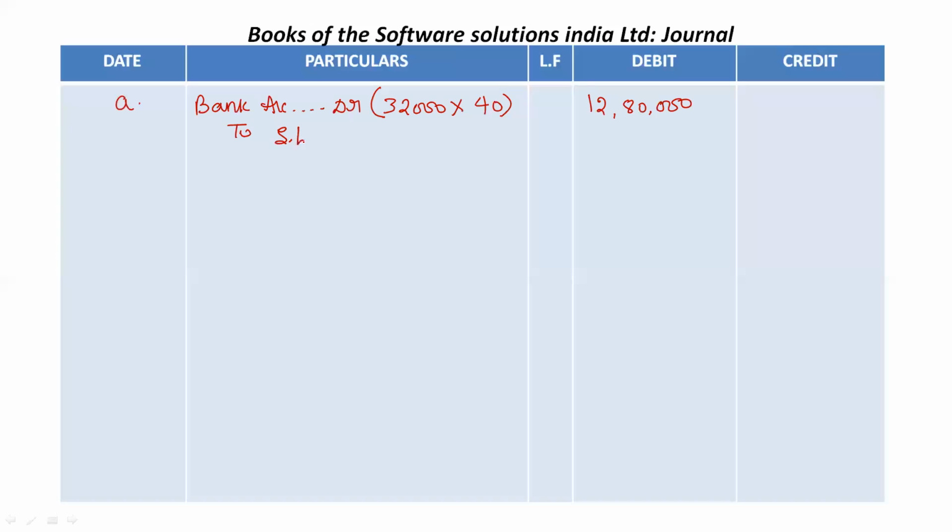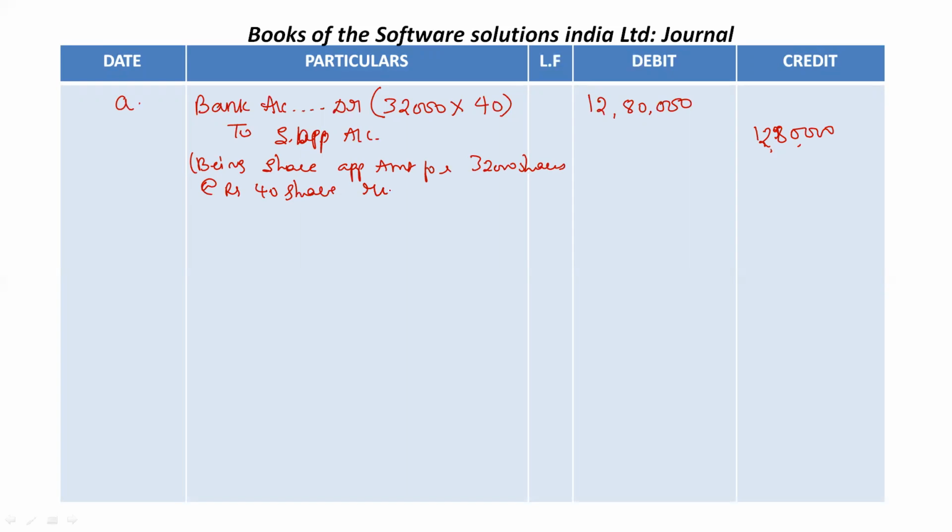To share application account, the company received 12 lakh 80,000 rupees. You can write the narration: being share application amount for 32,000 shares at rupees 40 per share received.